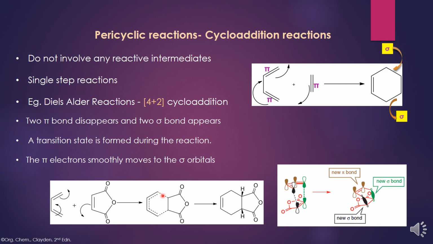Here we can see the two reactants are connected by sigma bonds, and in the same way we can see the suprafacial interaction of the two reactants to get a new sigma bond. This orbital explanation will be given in the next video. In short, we can see a suprafacial interaction here, and we can see it in detail in the next video.